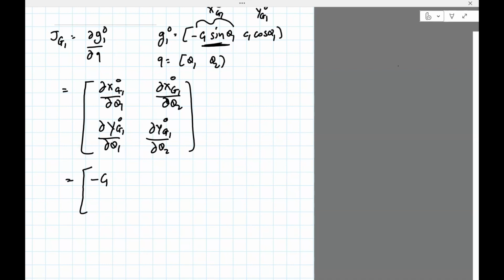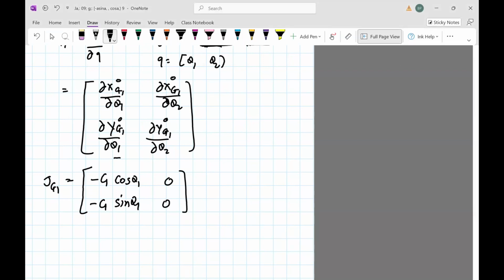The derivative of sine theta 1 is cosine theta 1. Take the derivative with respect to theta 2, but there's no theta 2 there, so that'll be 0. Then the derivative of yG1 with respect to theta 1 will be C1 sine theta 1, and with respect to theta 2 that's going to be 0. So that's JG1. It's a 2 cross 2 matrix.